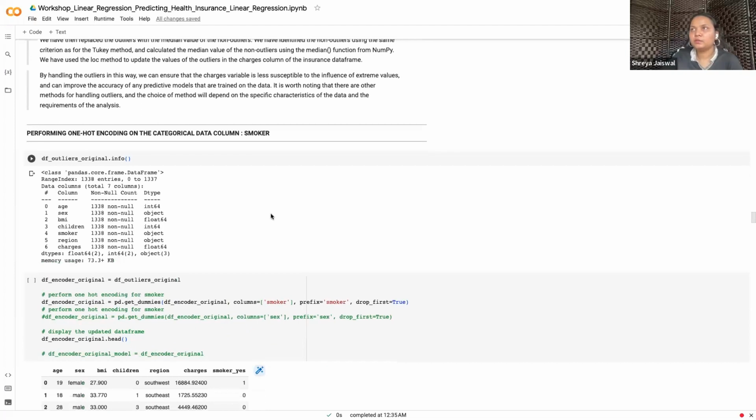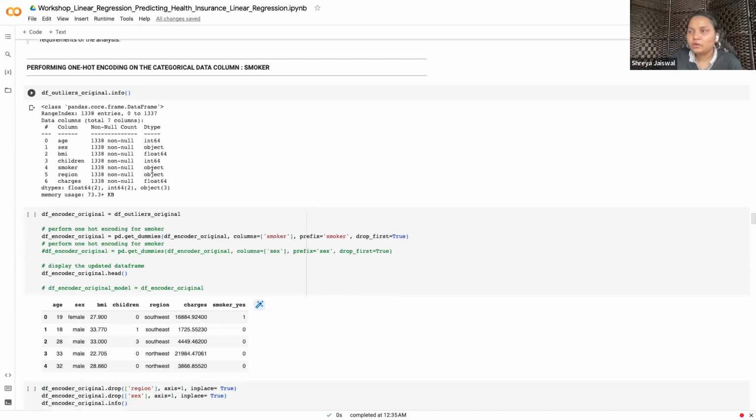But we can't just use that categorical value to evaluate our response variable. So in order to do that, we have to perform one-hot encoding. What one-hot encoding does is change the value to 0 or 1. This is a binary classification, so it is easy for us to visualize.